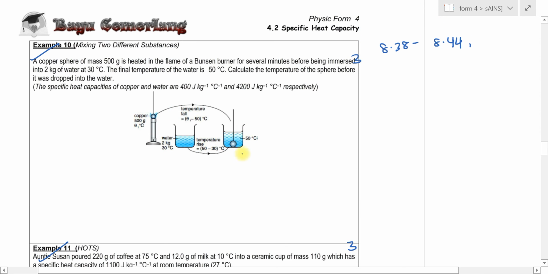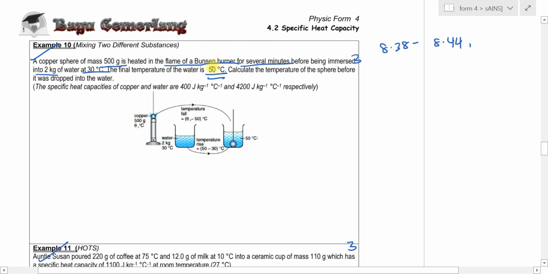First one, the copper is heated and put in water. So all the clues are already given there. So the temperature of the copper should be decreasing. A copper sphere of mass 500 gram is heated in a flame of Bunsen burner for several minutes before being immersed into 2 kg of water at 30 degrees Celsius.